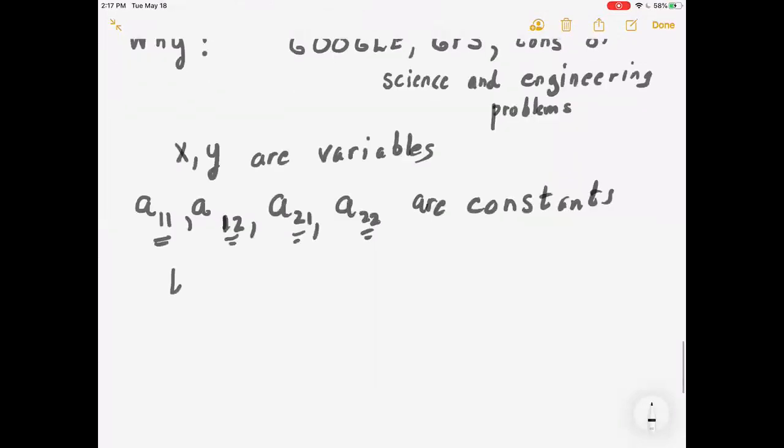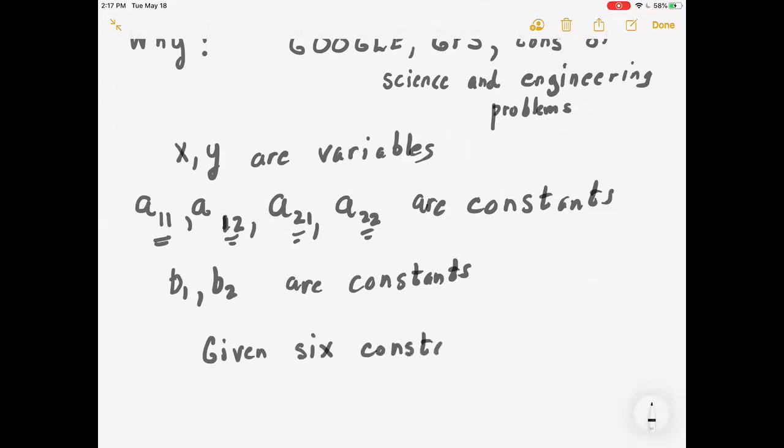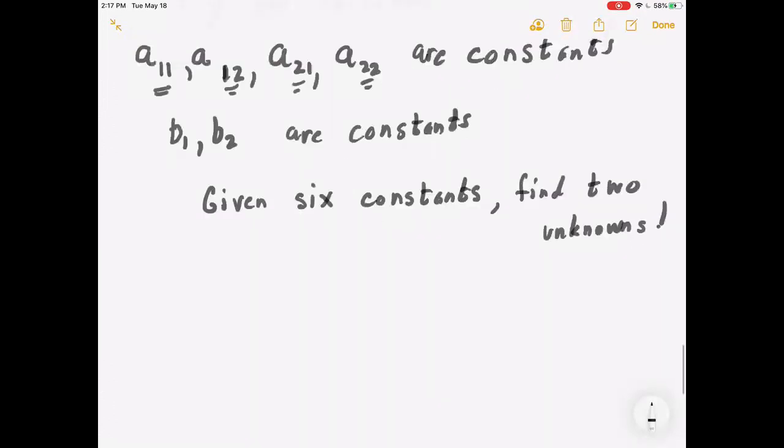And the only other things left in this problem are B sub 1 and B sub 2, and these are constants. Okay, so the problem is, given 6 constants, find the 2 unknowns. But do it in a way that doesn't involve a brute force approach.